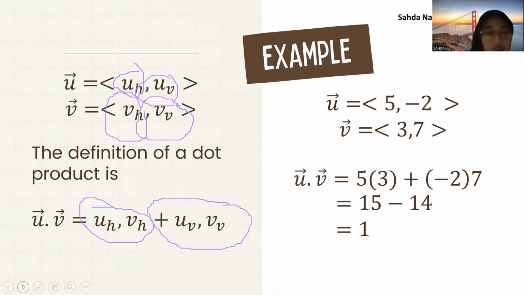Okay, how do we calculate the product with this example? I have two vectors, and we're going to find the dot product of vector U and vector V. So multiply the horizontal components, 5 and 3, and multiply the vertical components, -2 and 7.